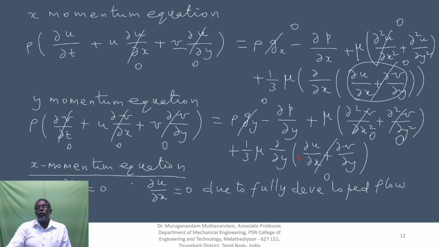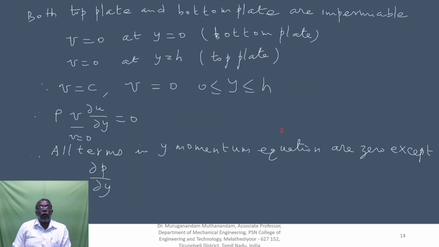Again, this term is 0 because of the continuity condition: partial u upon partial x plus partial v upon partial y is equal to 0 from the reduced form of the continuity equation. So the only remaining term on the right hand side of the y momentum equation is a non-zero term, minus partial p upon partial y, the pressure gradient along the y direction. So all the terms in the y momentum equation are 0 except partial p upon partial y.